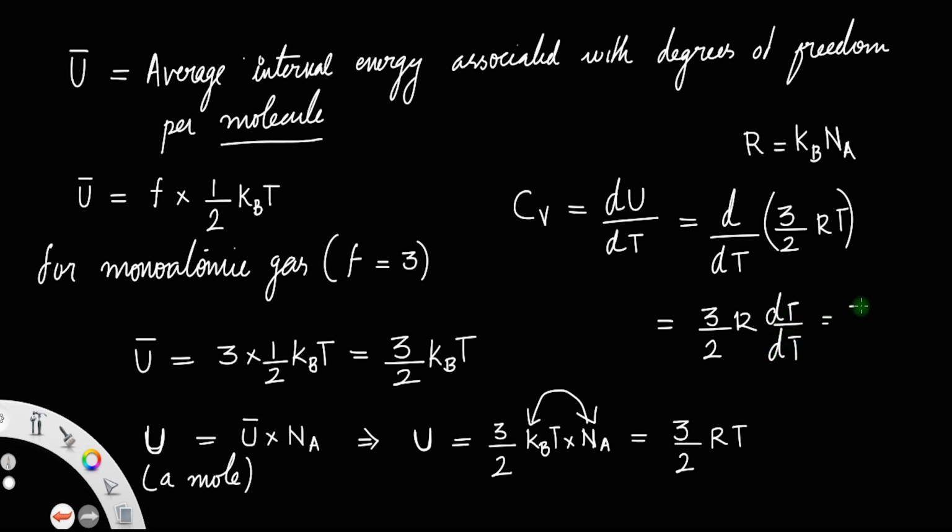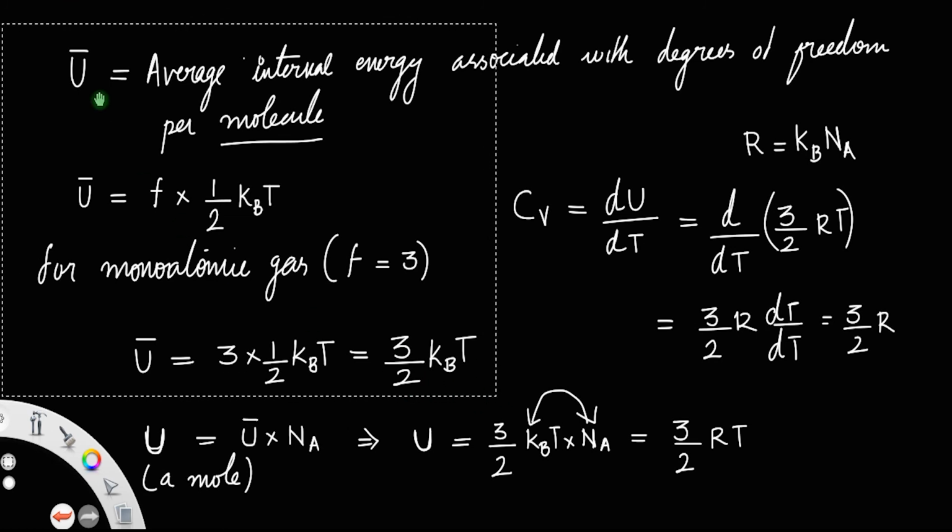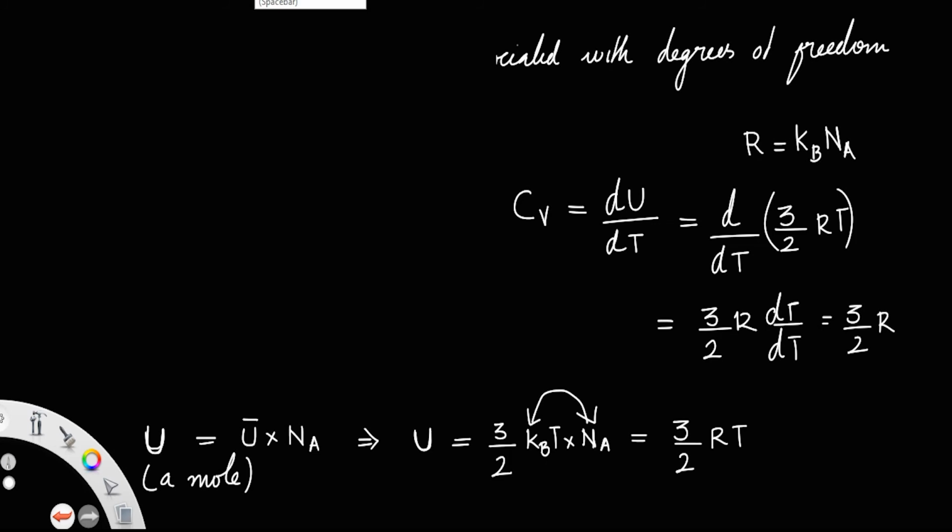So its value will be 3 by 2 R. So Cv equal to... always remember U bar represents the internal energy per molecule and U represents the average internal energy for a mole. Okay, I'm just erasing this. So Cv for monoatomic gas is equal to 3 by 2 R.